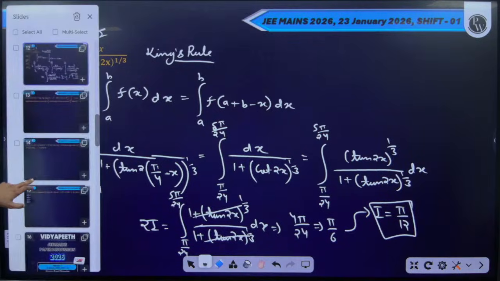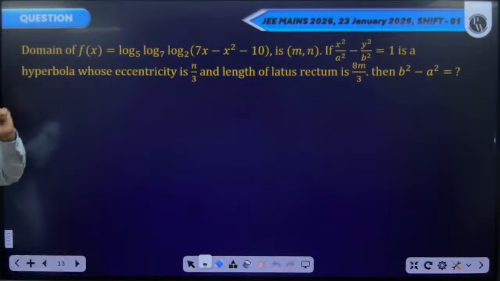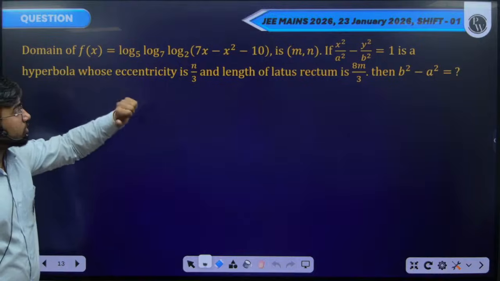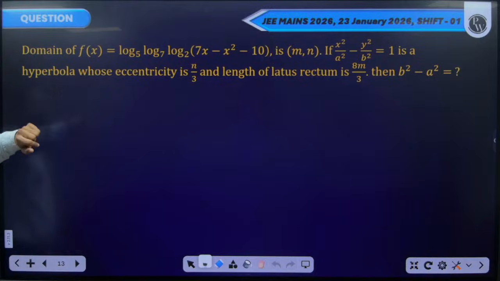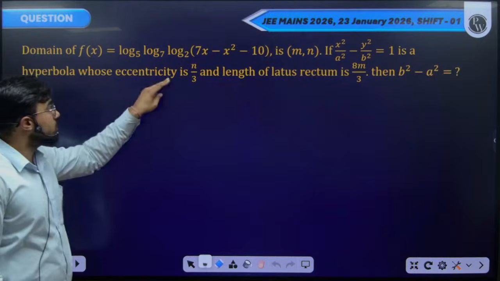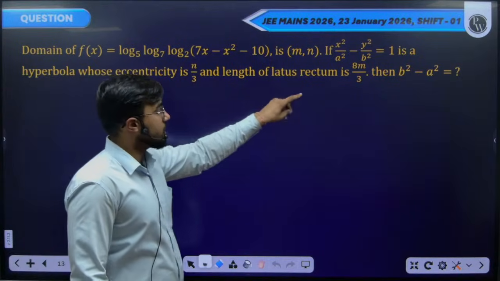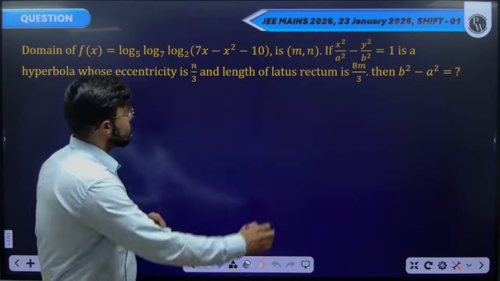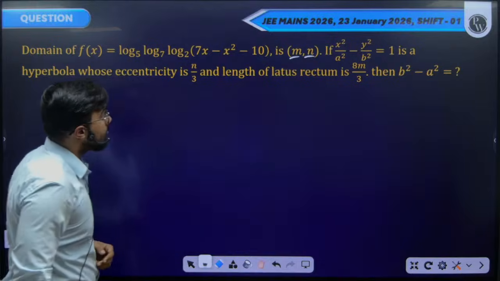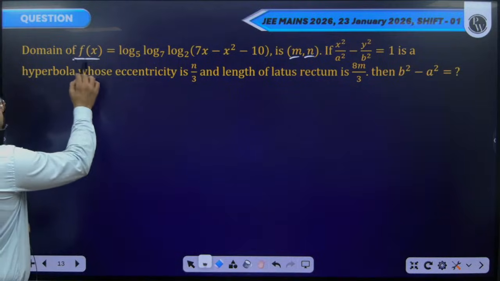Now see the next question. This one is a little bit calculative again. So first you have to find out the domain of this function. Then this is the hyperbola we have been given. Eccentricity is n by 3 and length of latus rectum is 8m by 3. So first you have to find out the values of n and m. So how do you find the domain of this function? See, this is the first logarithm.